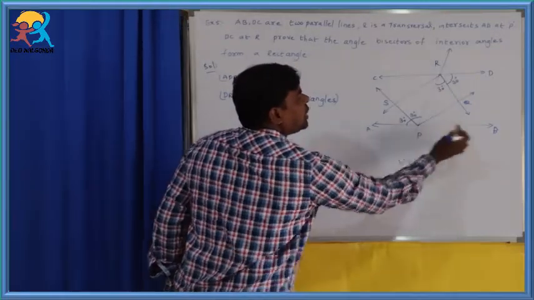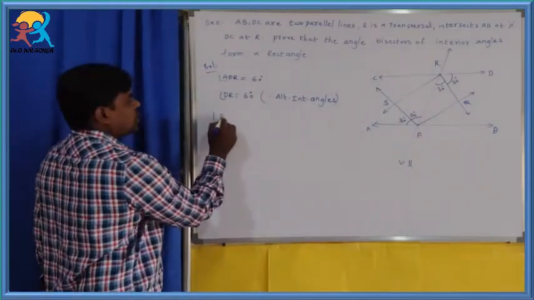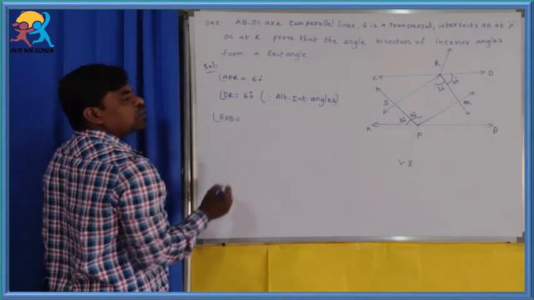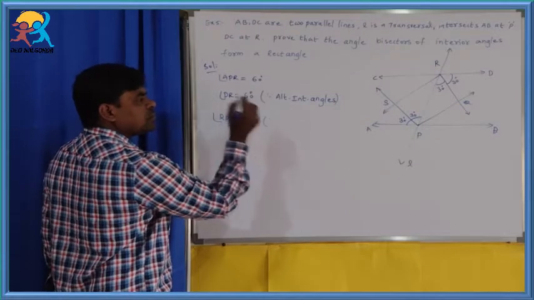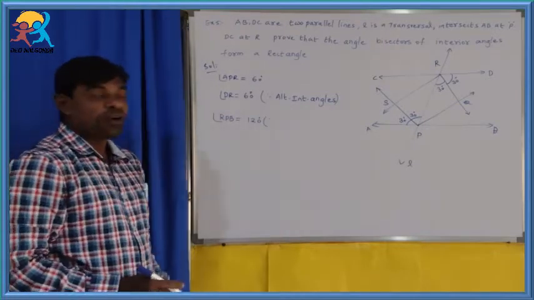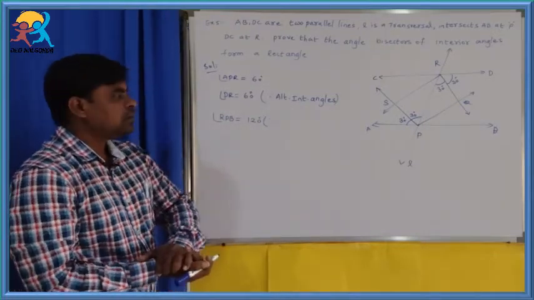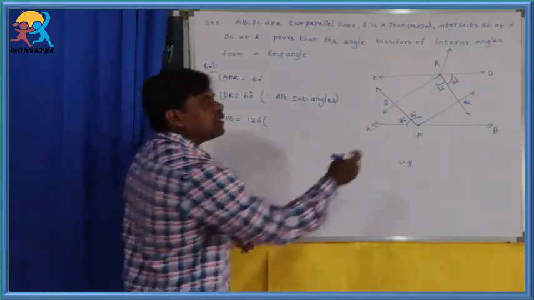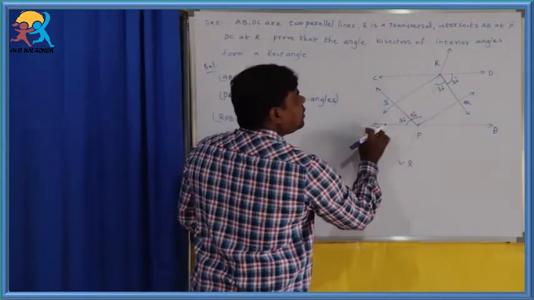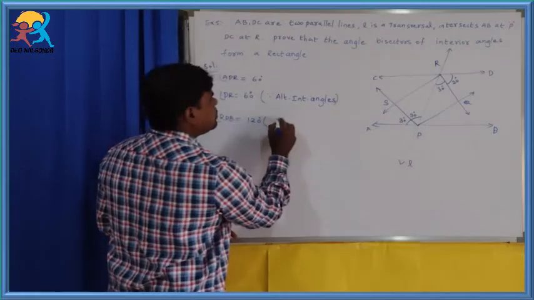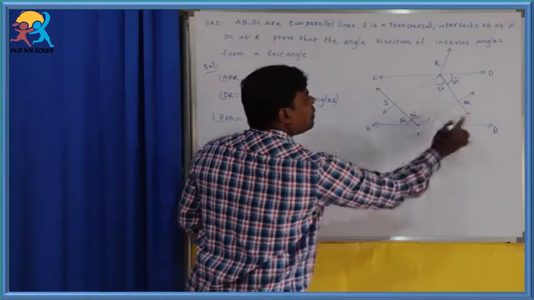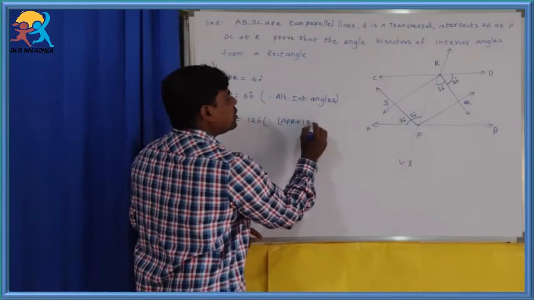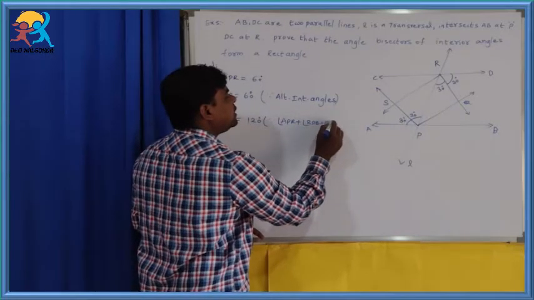And angle RPB is equal to, shall I write it as 120 degrees? How can I write that? Angle APR plus angle RPB is equal to 180 degrees.